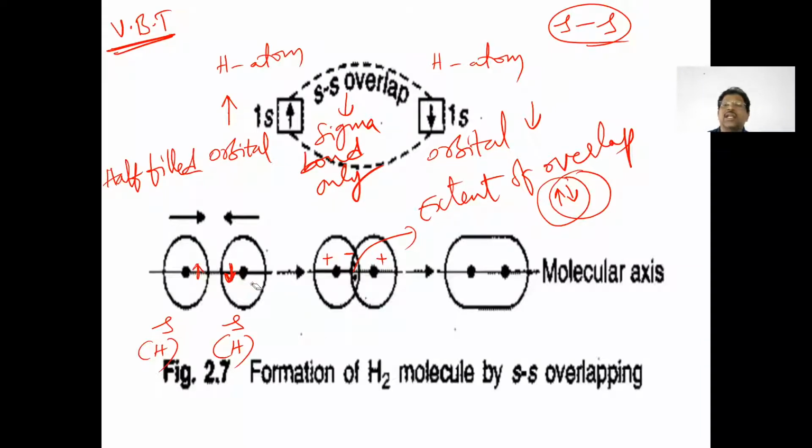Axially means linearly, or end-to-end overlapping. End-to-end, axial, or linear overlapping takes place between the s orbitals of two hydrogen atoms. So SS overlapping has taken place here to form a bond between two nuclei.